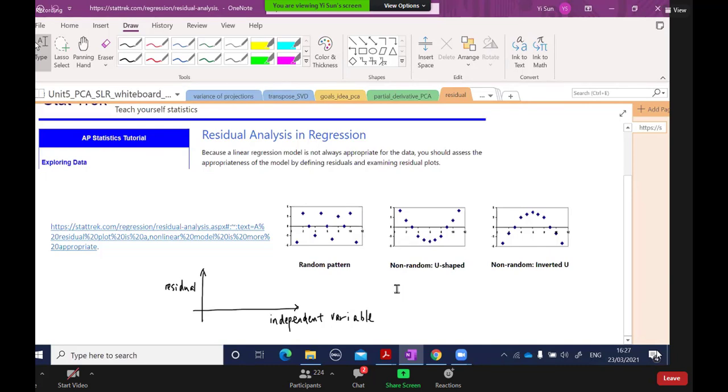You need to consider a more complex model involving non-linear features, or a non-linear model in the training. So the residual plot is a very useful tool when you're using a simple linear regression model to analyze your data.